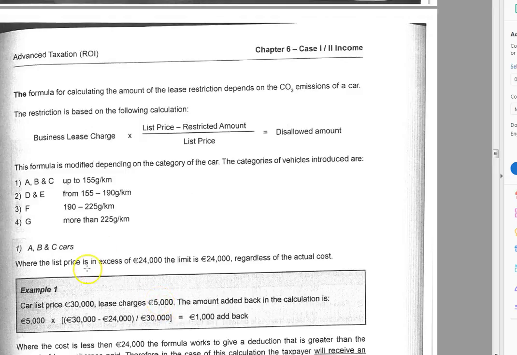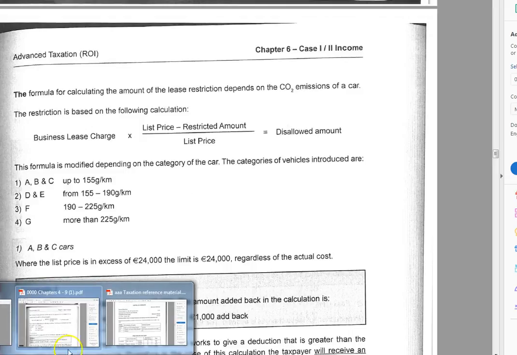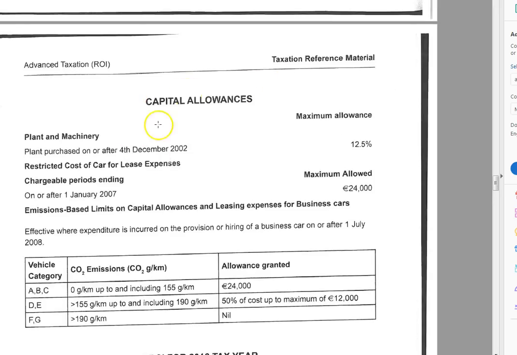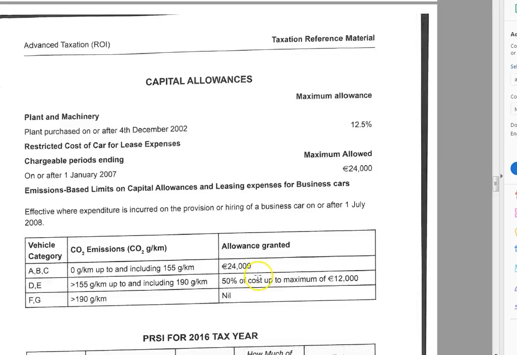It's category A, B and C, so the limit is 24,000, and you've got your tax reference material. There's category A, B and C, and there's the 24,000, so you'll be bringing the tax reference material to the exam.